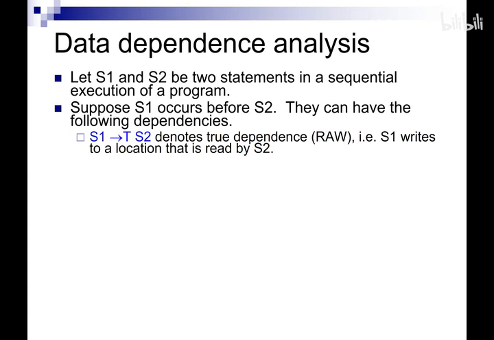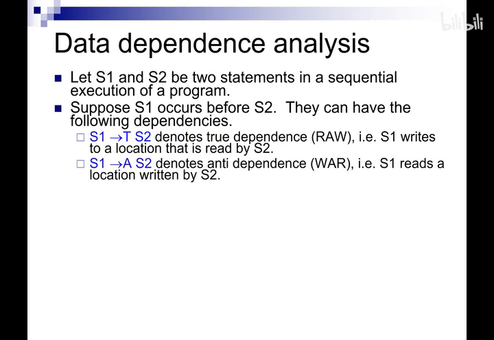We said that if you want to reorder these statements, you have to make sure that after the reordering, the program behaves the same way. If there's a true dependence, we cannot reorder and still guarantee that the program behaves the same way. So if there's a true dependence, we have to make sure that S1 always executes before S2.